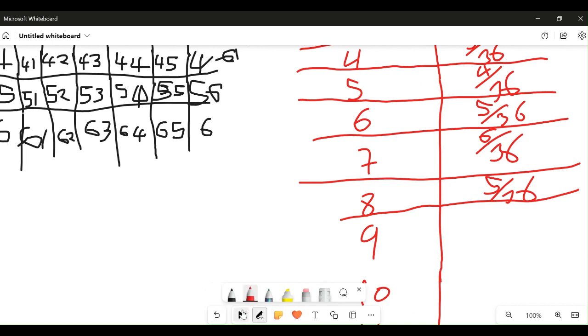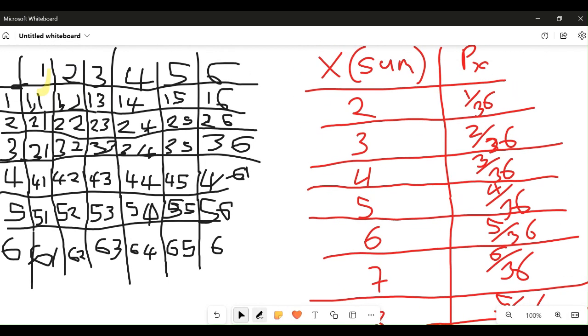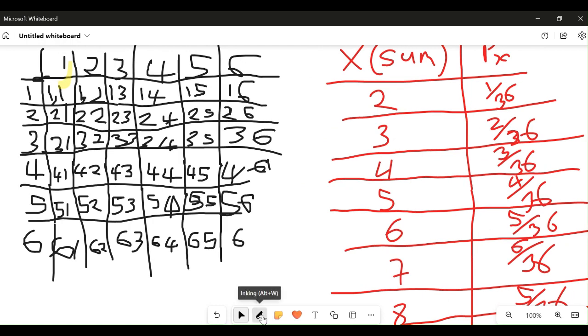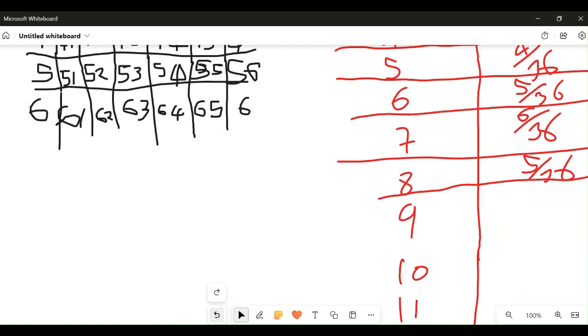Here we have 3 and 6, that's 9. 4 and 5, that's 9. 5 and 4, that's 9. 6 and 3, that's 9. So we have 4. That will be 4 over 36.